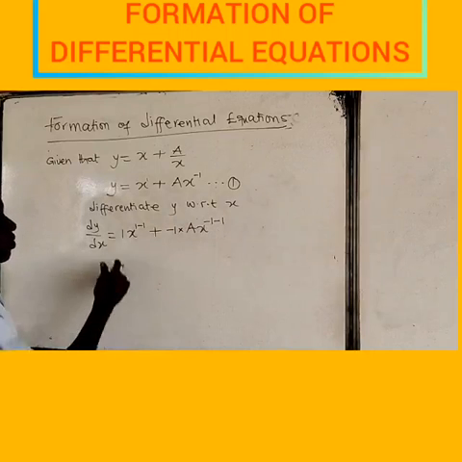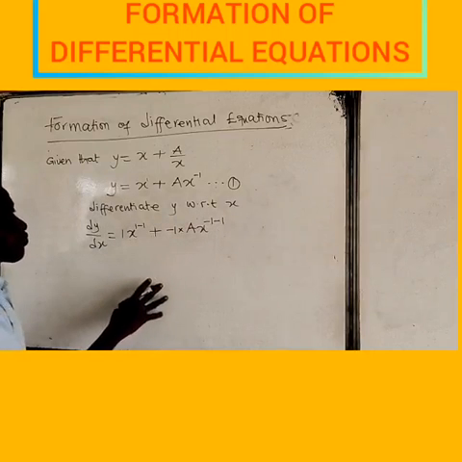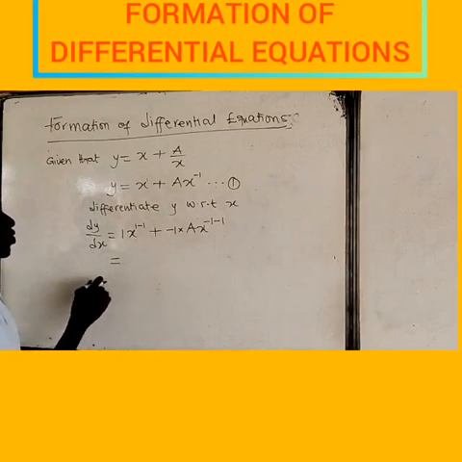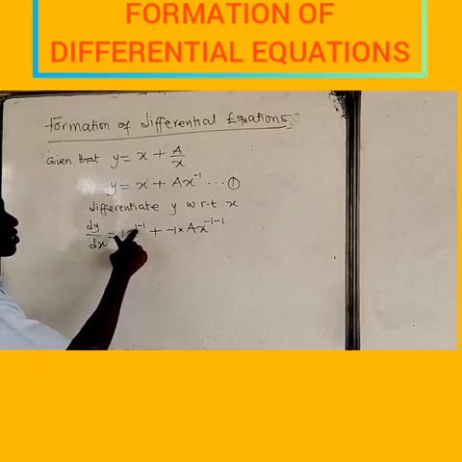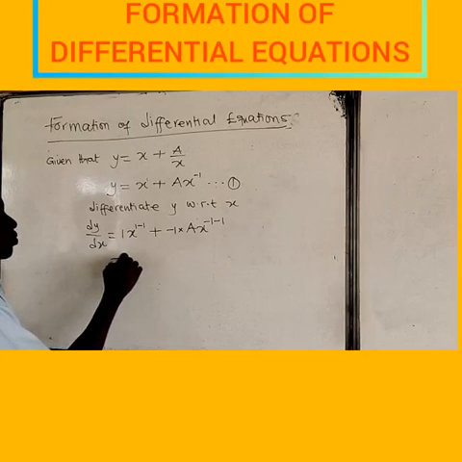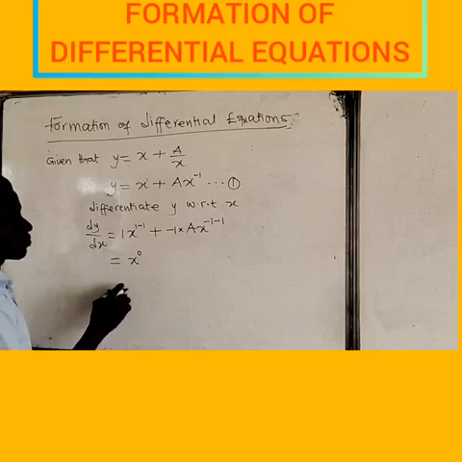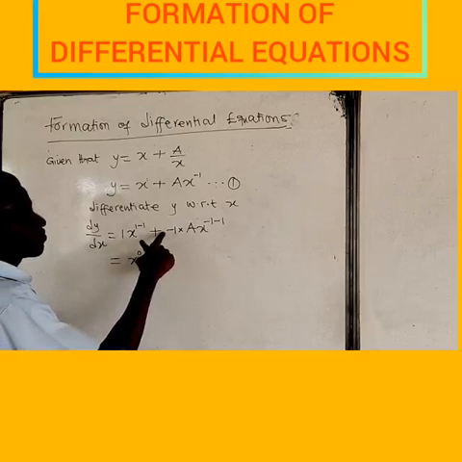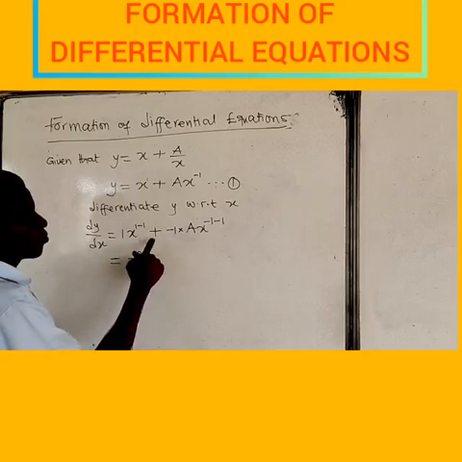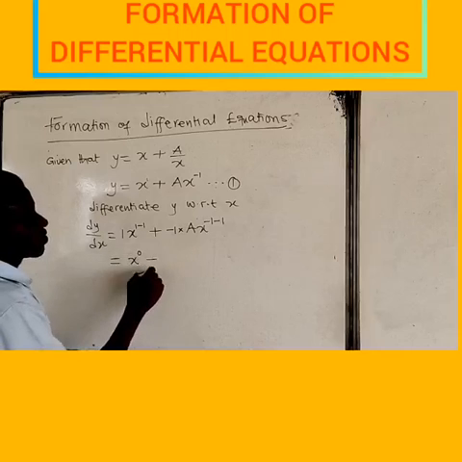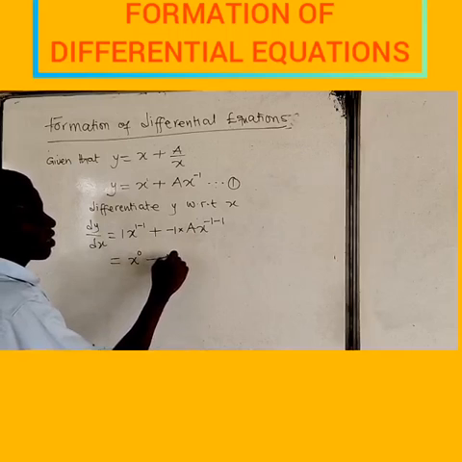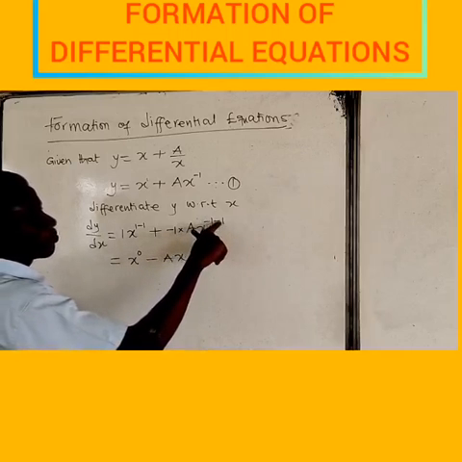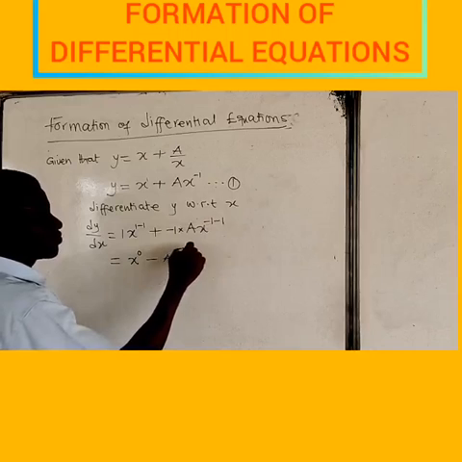So we have performed the differentiation, but you have to simplify it. We have 1 times any number is that number. So x raised to the power 1 minus 1 is 0, so it is x raised to the power 0. Positive and negative, so positive times negative is negative. 1 times a is a, x raised to the power -1 minus 1 is -2.